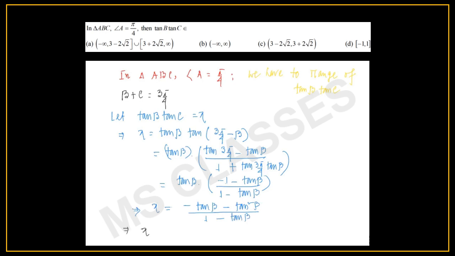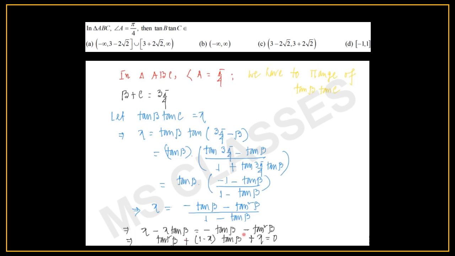We can write x minus x tan B equal to minus tan B minus tan square B. We simplify this further. It's tan square B plus 1 minus x into tan B plus x equal to 0.